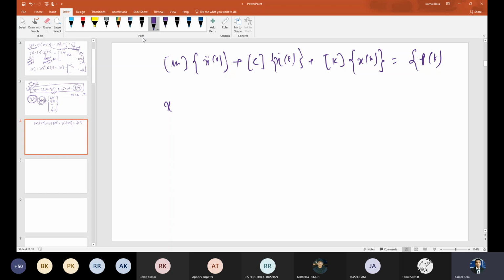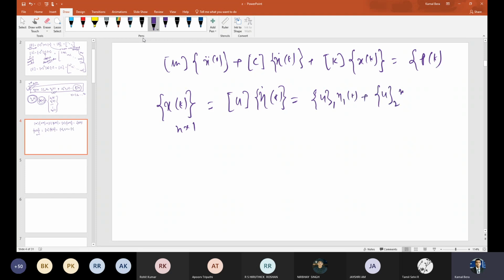What I told is that I am assuming my solution x t, which is n cross 1, equals the modal matrix u into eta t. In extended form I can write u1 eta 1 t plus u2 eta 2 t and so on up to un eta n t. That is what it is.